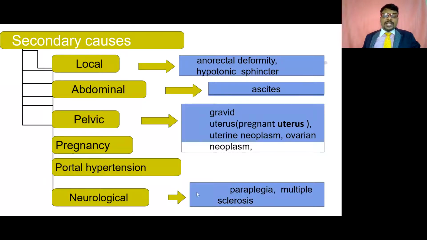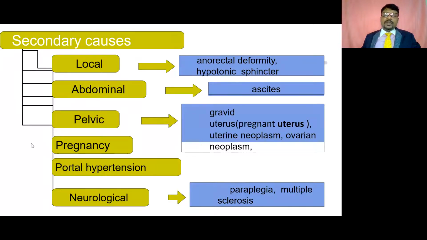In case of neurological injury such as paraplegia, multiple sclerosis, or hemiplegia, these involve the brain and spinal cord, so they may get diarrhea and fecal incontinence, or some people may get constipation. So these are some of the causative factors.